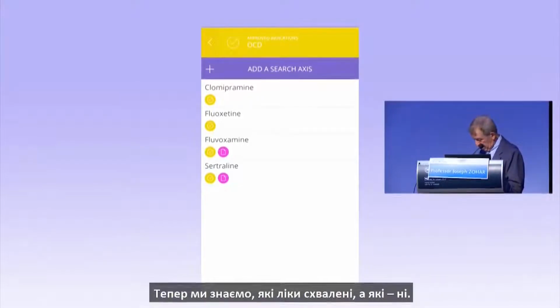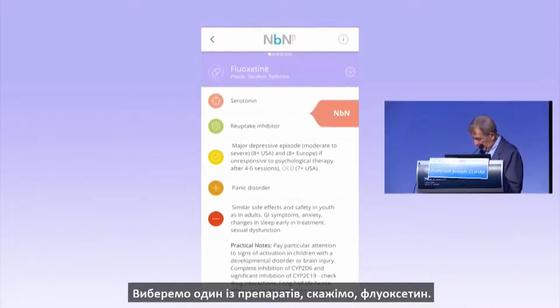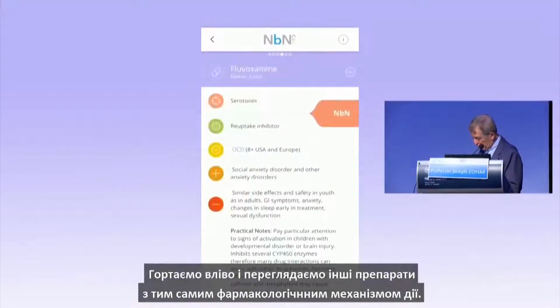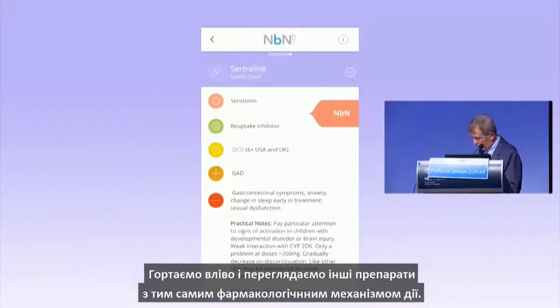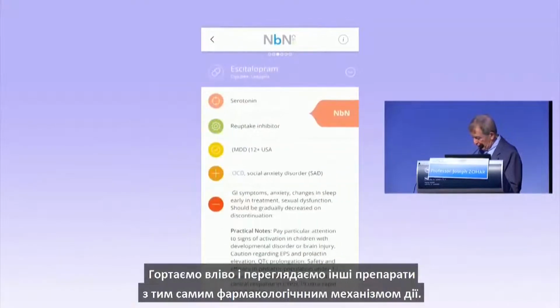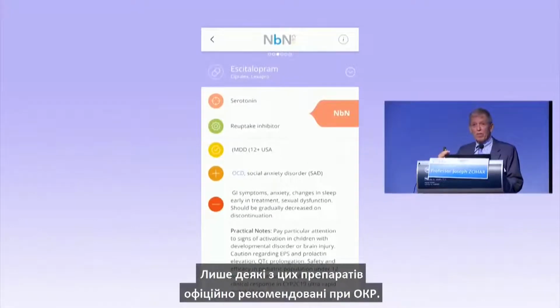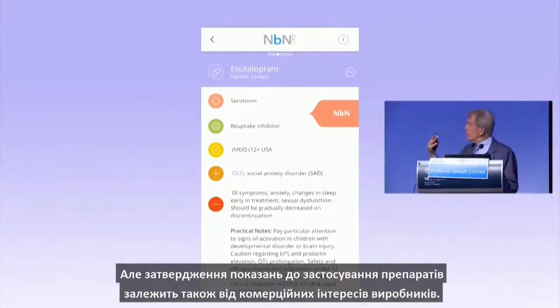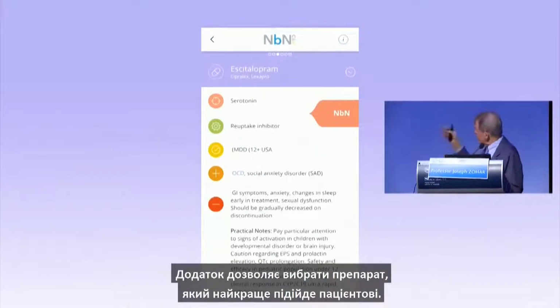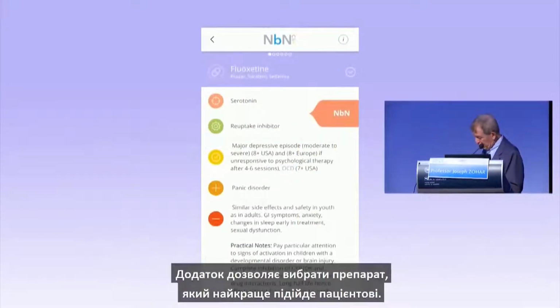Again you push on a medication, let's say fluoxetine, and then you do the sweep to the left, and you see other medication that have the same pharmacology. Some of them are approved, some of them are not, but the approval, as I mentioned, is not necessarily related to our knowledge about this. It's related to the interest of the pharmaceutical company. So you can choose among the medication the one that fits the case best.